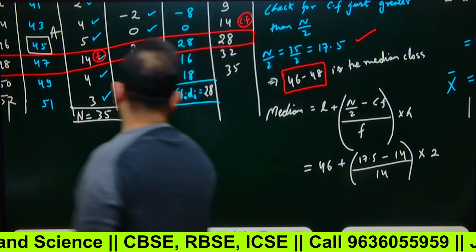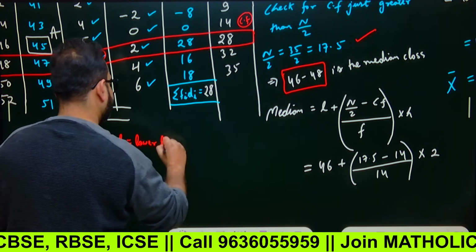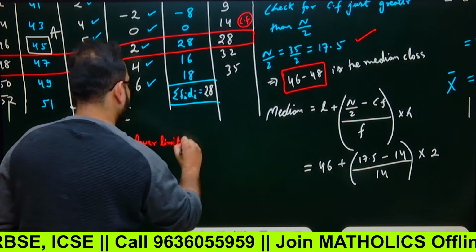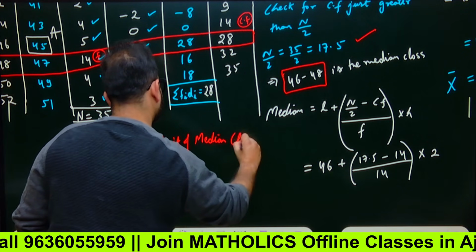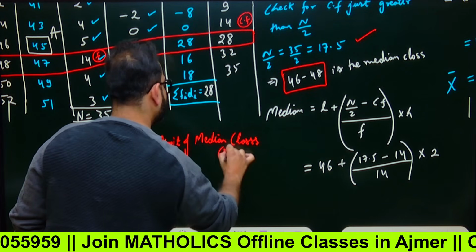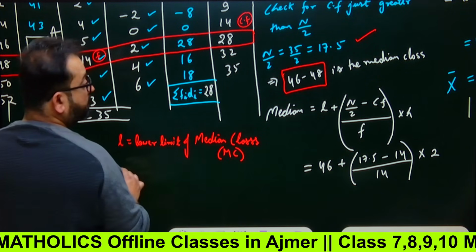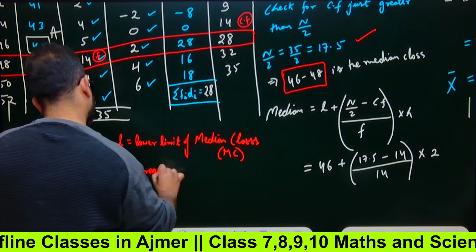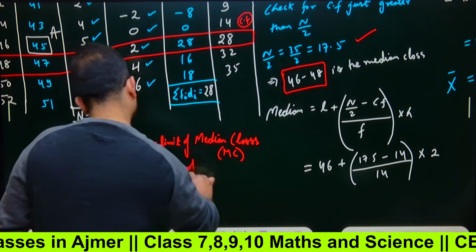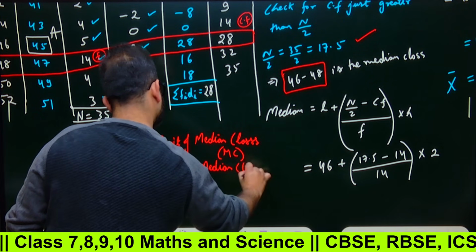L is the lower limit of the median class. Median class you can remember by MC. Every one of you must know MC. Next, F is the frequency of the median class.